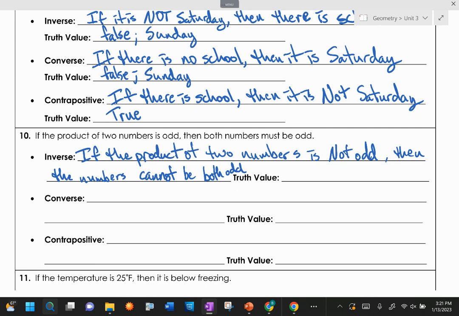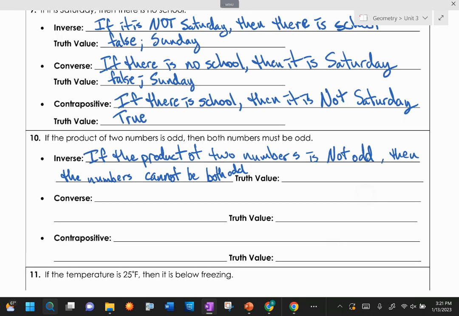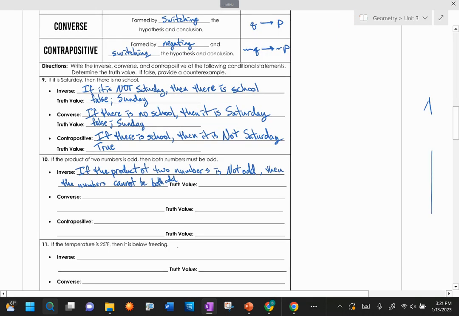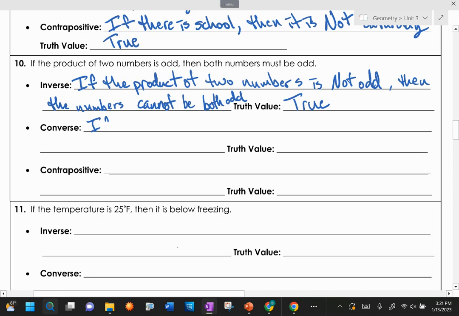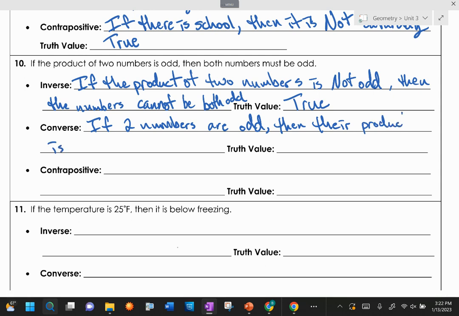Okay. Wait, hold on. What are we trying to do again? Okay, the converse. If two numbers are odd, then their product is odd.